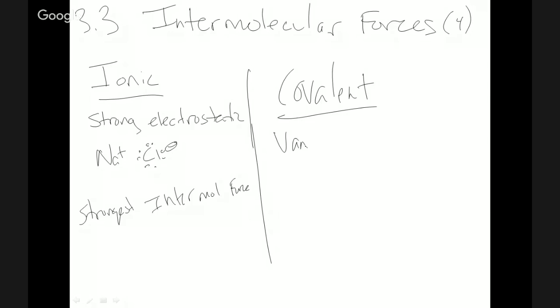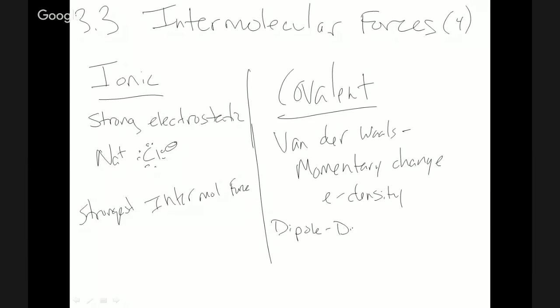We have van der Waals or London dispersion forces. This is a momentary change of electron density. It's a dipole, but it's temporary. Temporary dipoles. Whereas dipole-dipole interactions are permanent dipoles. That's all we mean.